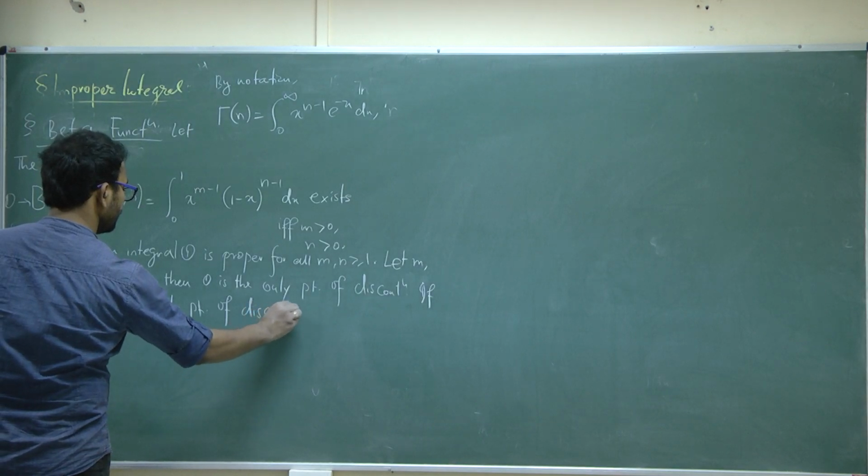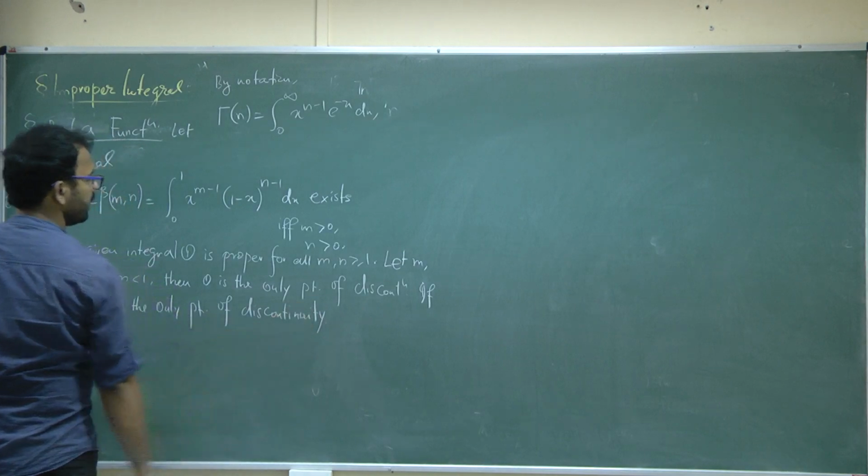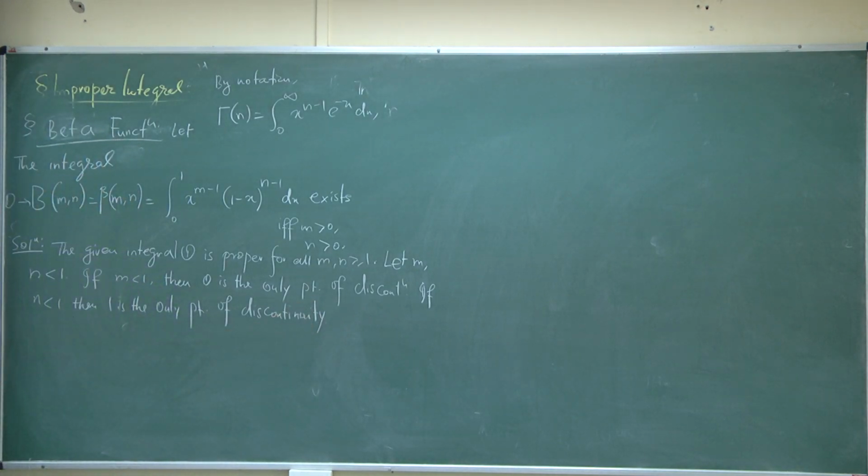So, all in all, 0 and 1 are the points of discontinuity when m and n are less than 1. All right.